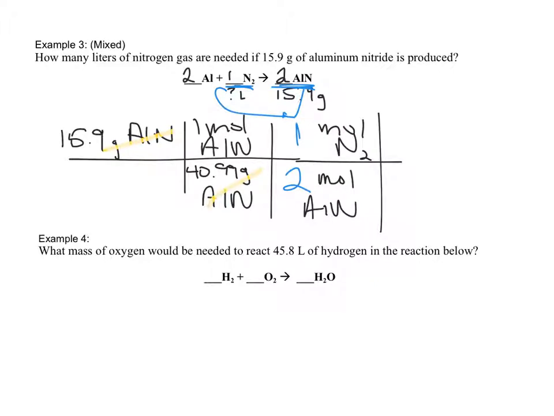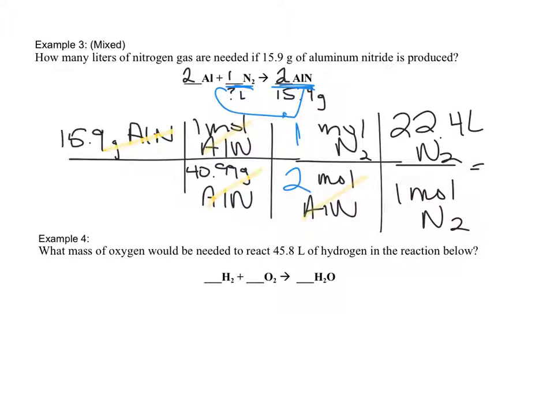And that means I've canceled out my aluminum nitride, so we can cancel that guy out. And we've got the right substance, nitrogen, but we just need to get it to the right unit, which we were asked for liters. So I'm going to have to cancel out my N2. 1 mole of any gas at STP, which we can assume we are at STP, is 22.4 liters.